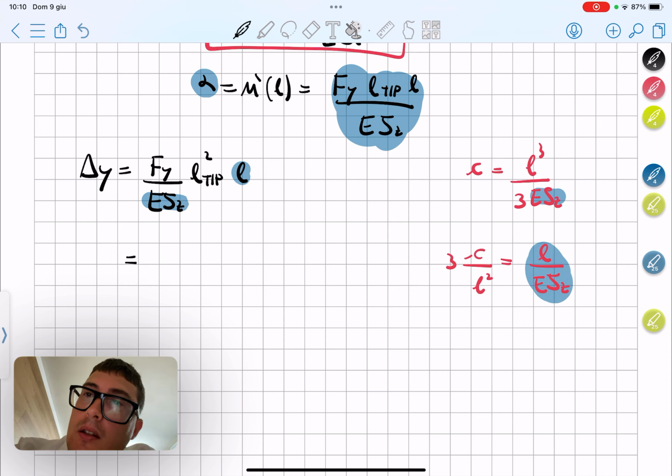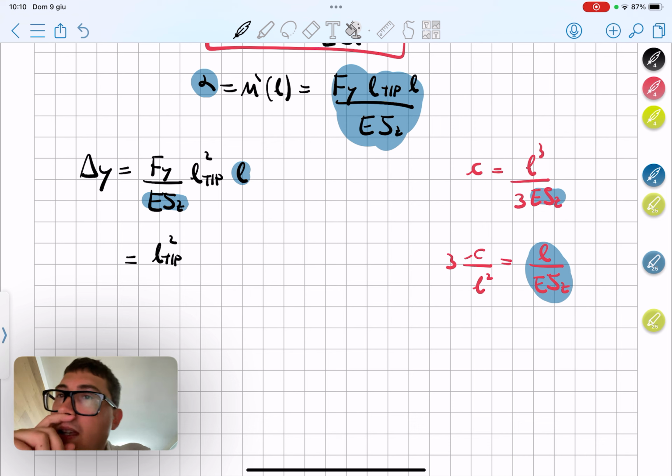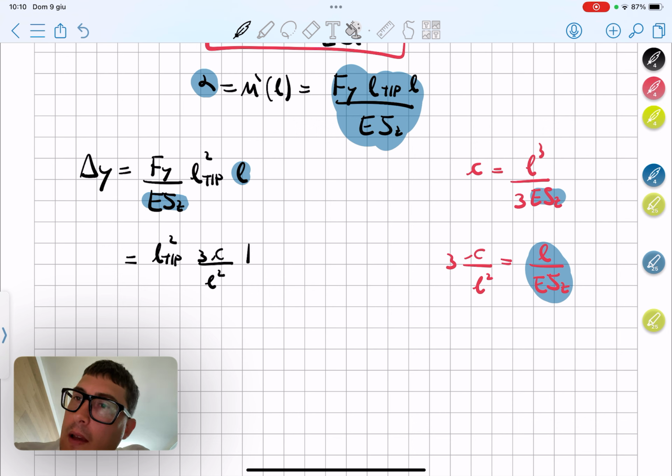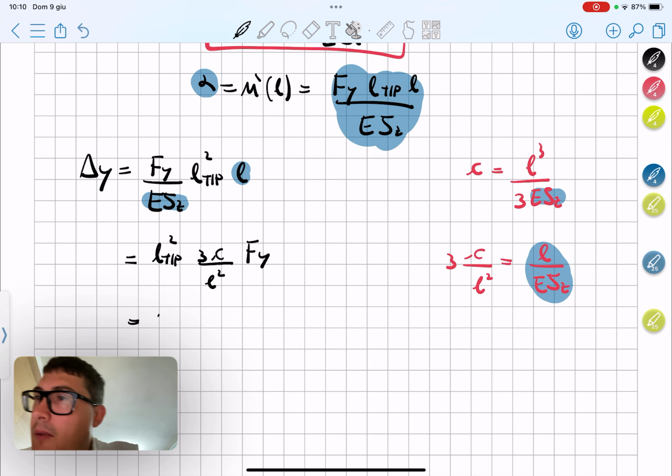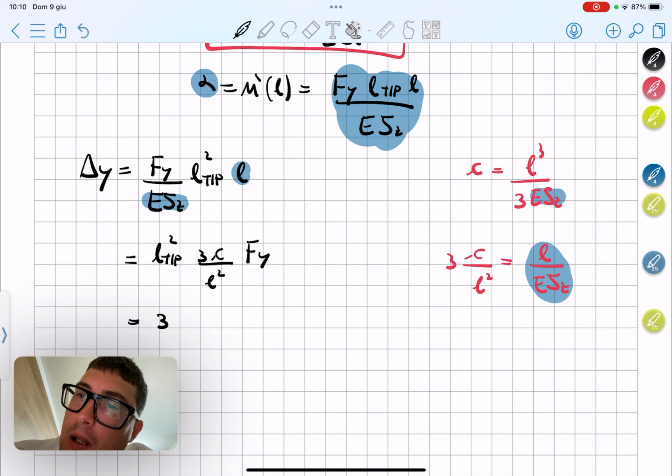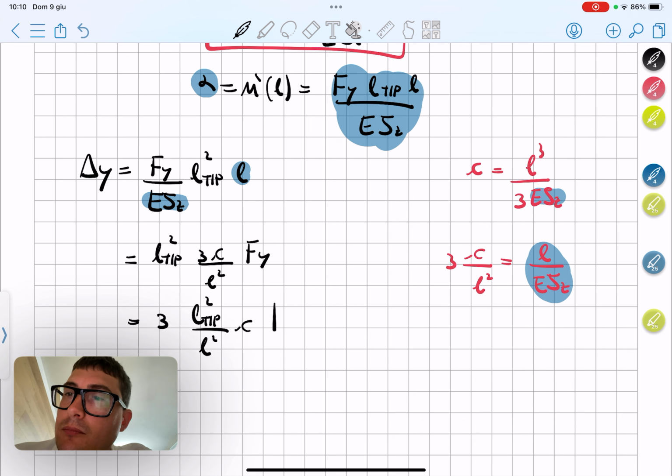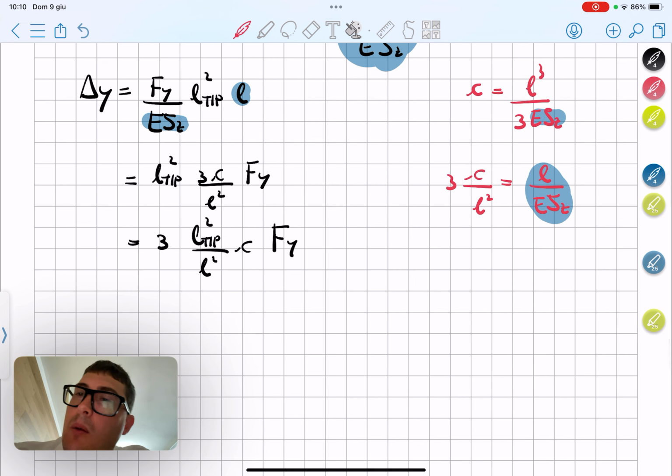Let me replace it in here, so it's L of the tip squared. Instead of L over EJz, I write 3C divided by L squared and f of y. I forgot the 2. No, there is no 2. It's 3 L of the tip squared divided by L squared C, f of y, and this is our CYY, okay?